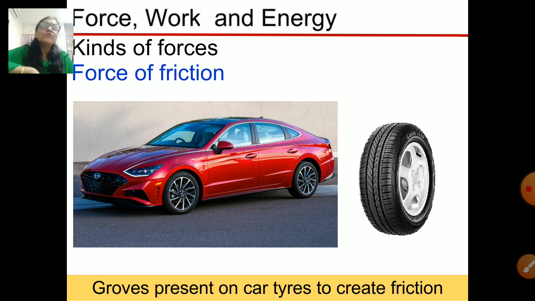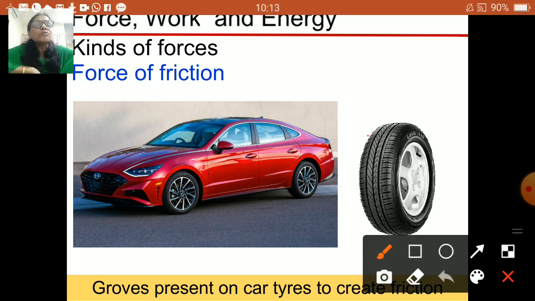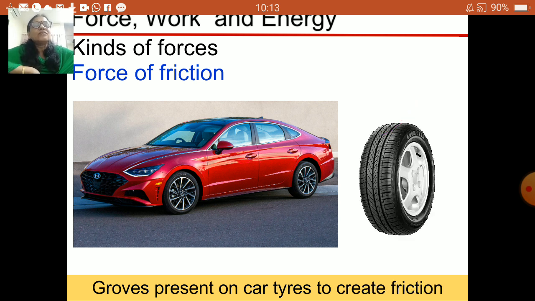And you also notice that here also so many grooves are there. See, this is the full design. So why is it there? So that it makes the surface of the tire rough, and it also helps to create a friction with the ground, so that it makes the balance of the car with the road.